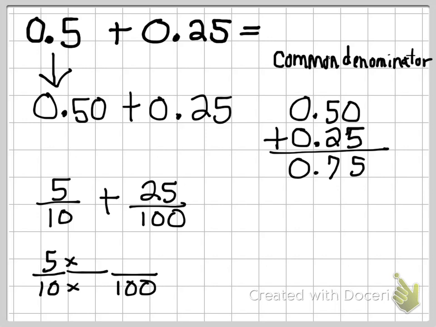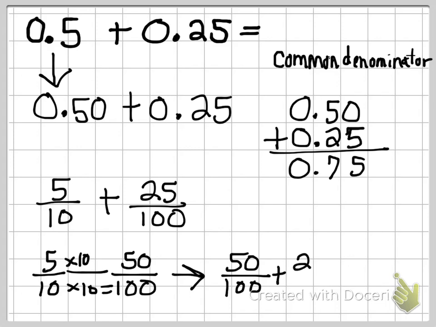I'm multiplying tenths by 10 to get 100. Therefore, I need to multiply the numerator by 10, and I get 50. So now I have 50 hundredths plus 25 hundredths, which equals 75 hundredths.